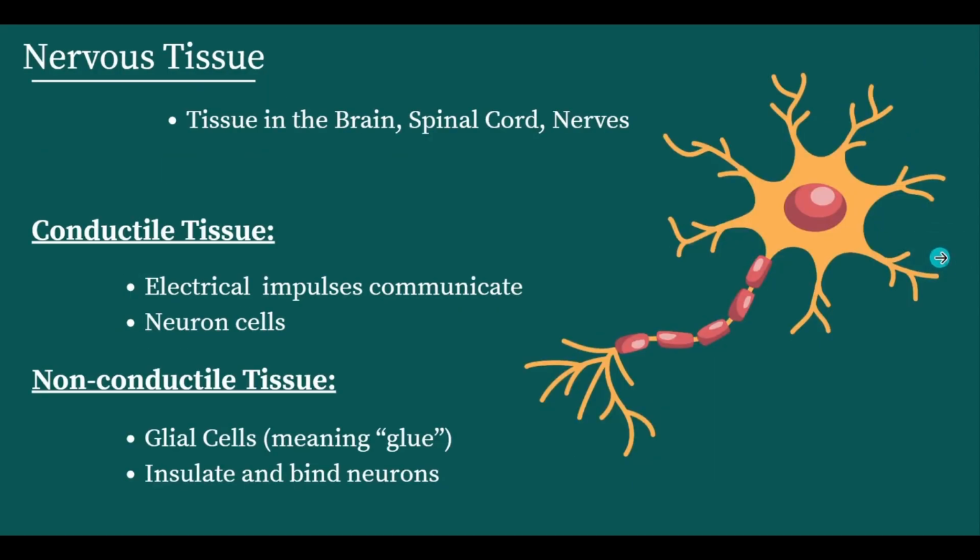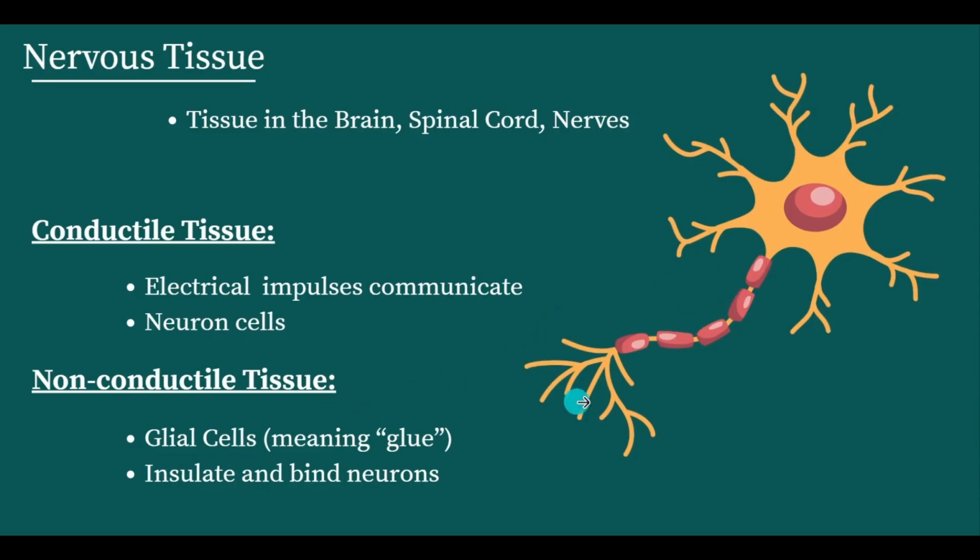Okay, so now we're moving on to nervous system tissue, and this is just a short bit about that. It's the tissue in the brain, the spinal cord, and the nerves. This is a neuron right here. And these little bobbles on the neuron, those would be the glial cells.